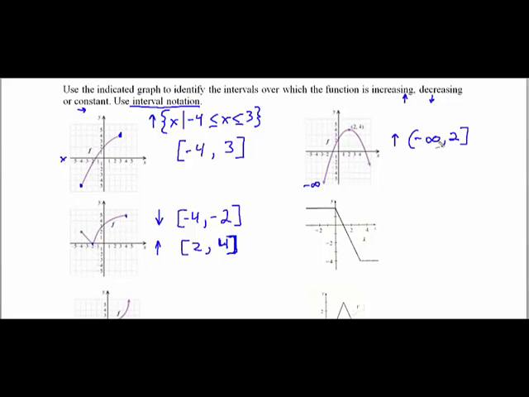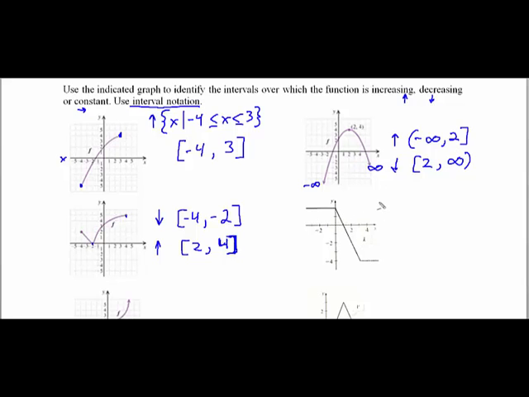So -infinity just denotes that I'm going to be all the way to the left here, and I would not use a bracket ever for any kind of infinity. Now we're going to be decreasing from 2 all the way to +infinity. And we would use a parenthesis here to show that we're never getting to that +infinity on the right-hand side. So brackets are only for when we actually connect to points.